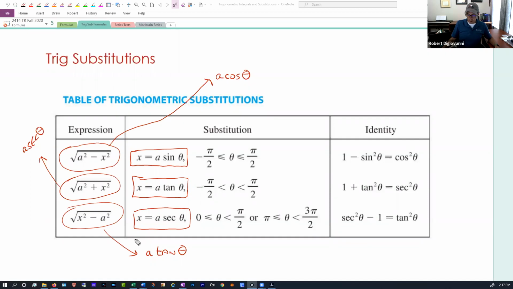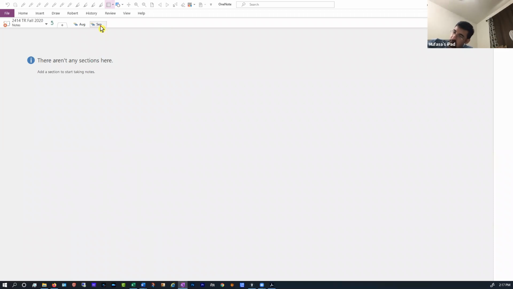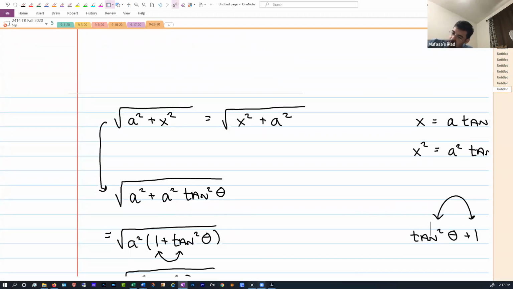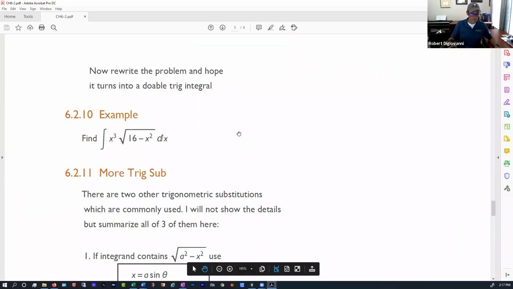Okay. All right, you ready to see this bad boy in action now? This trig sub is so powerful, but man, these problems can get pretty complicated. So it's about to do it. There we go.